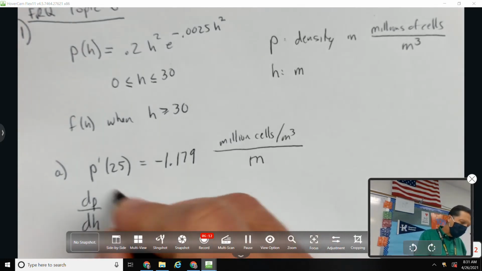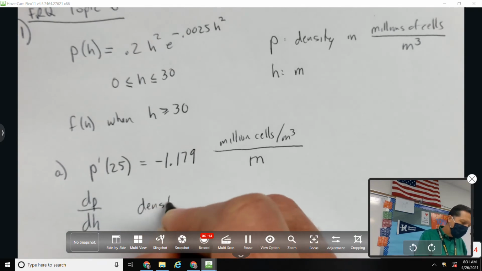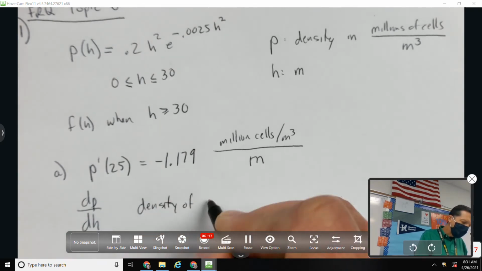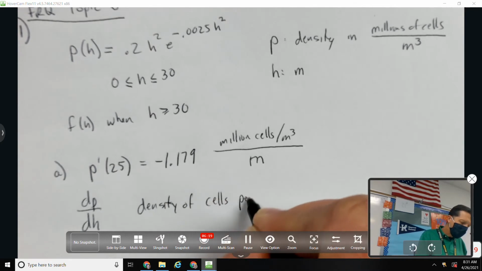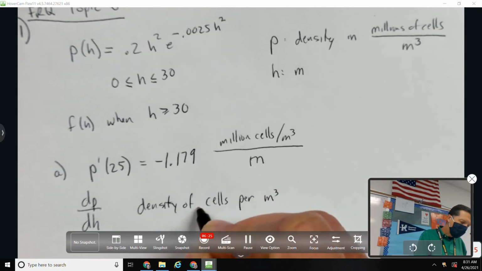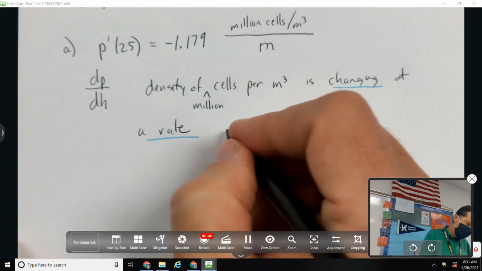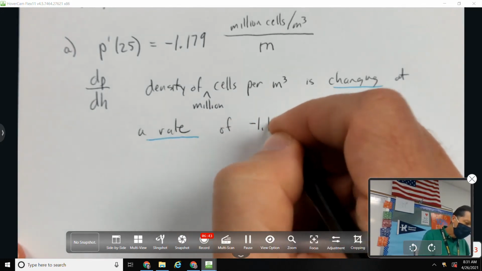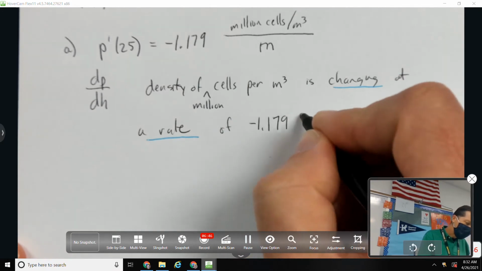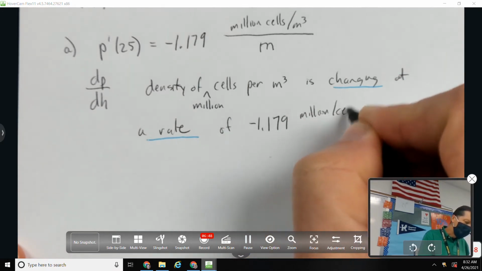So let's see. P is the density of cells per meter cubed. Whoops, density of million cells per meter cubed is changing at a rate, like that's probably the key words they're looking for, changing at a rate of negative 1.179. This is just a weird problem.